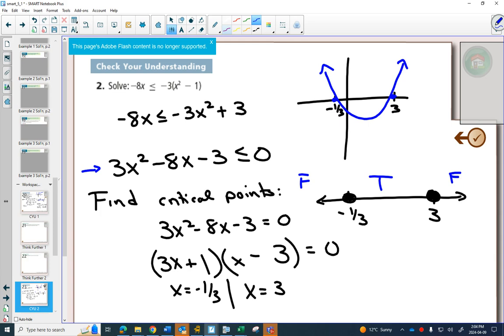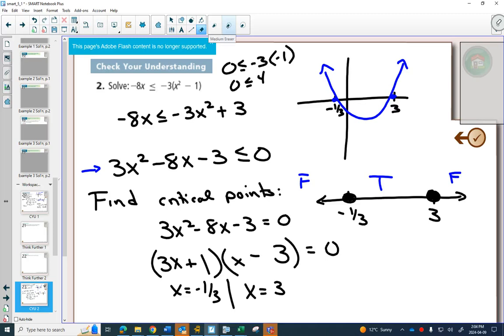You can see that from your graph. Test points work beautifully as well. Try 0. Here, is minus 3 less than or equal to 0? Yes. You can even use the test point right at the beginning. If I use the test point right at the beginning, I would get 0 less than or equal to negative 3 times negative 1, is 0 less than or equal to 4? Oh, easy.